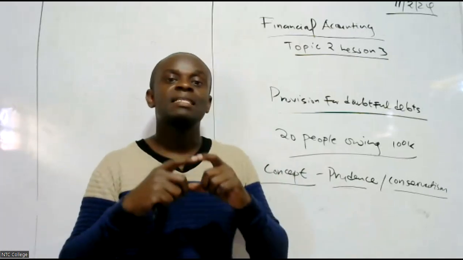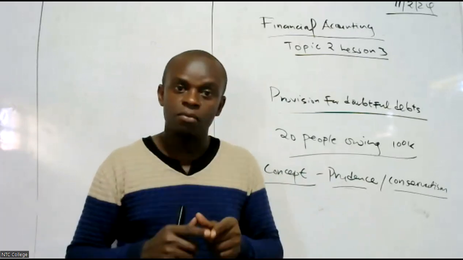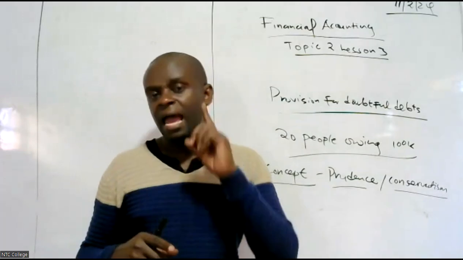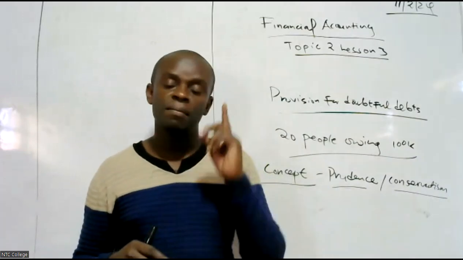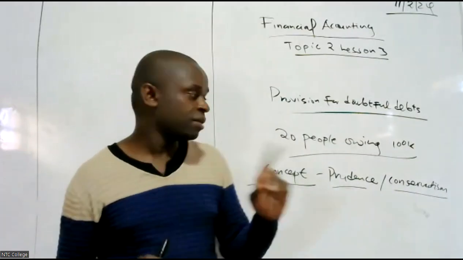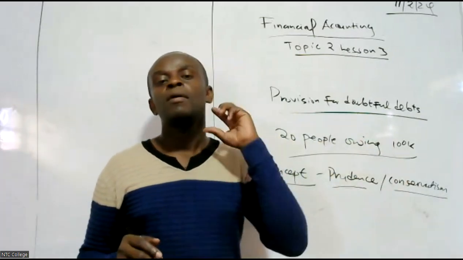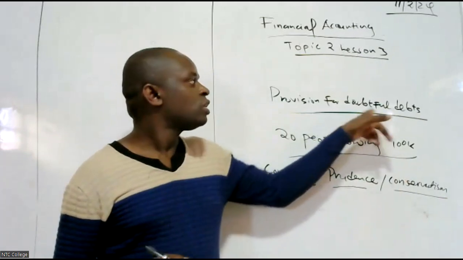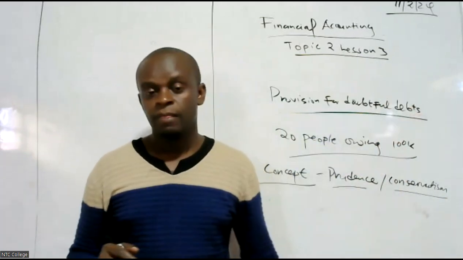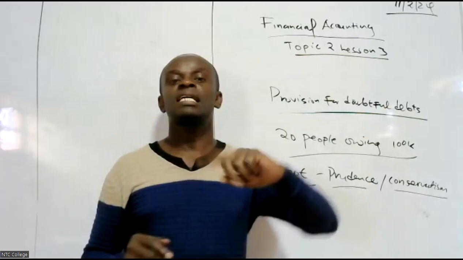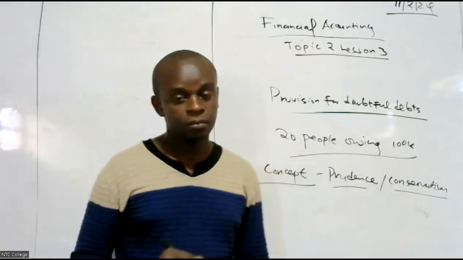So you, as Stacy or Sam or Ronald or Millicent, if you're in that situation and you want to be sure of the amount of money you are likely to be paid back out of 100K, you will do what we call provision for doubtful debts. You give a percentage of the amount of money that you are going to lose.